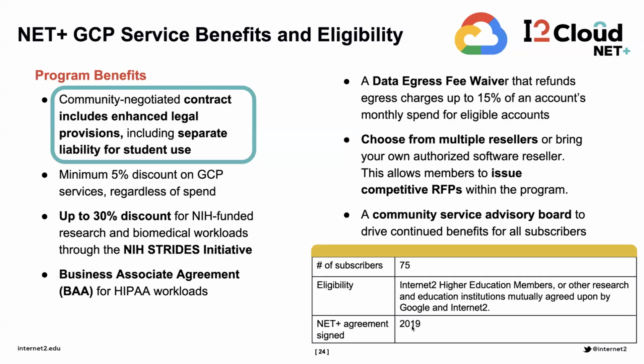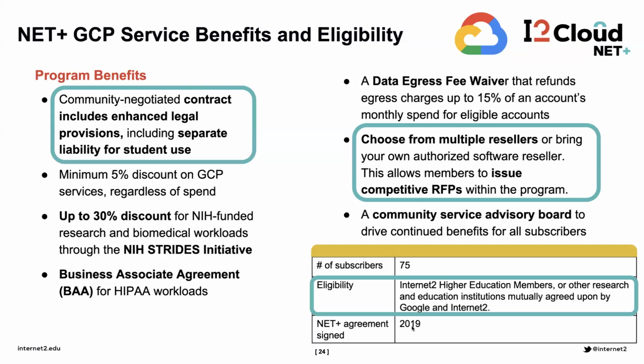I also wanted to reiterate this value of having multiple resellers. The structure of this program makes it easy to issue competitive RFPs if that's a requirement for you. And you can even bring your own reseller should you wish. And then again, emphasizing the eligibility, you do not need to be an Internet2 member to participate in this.